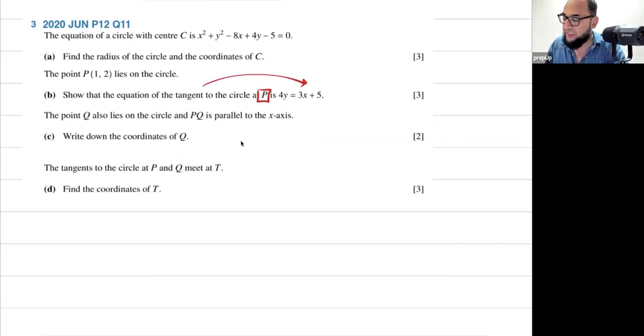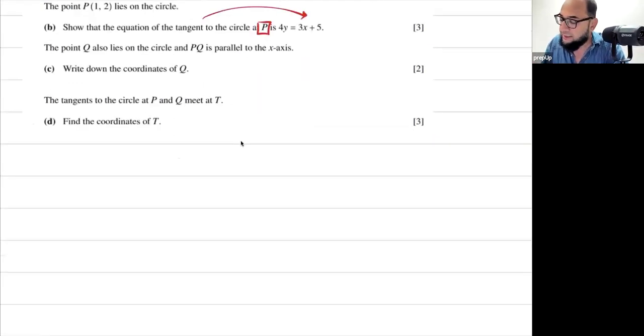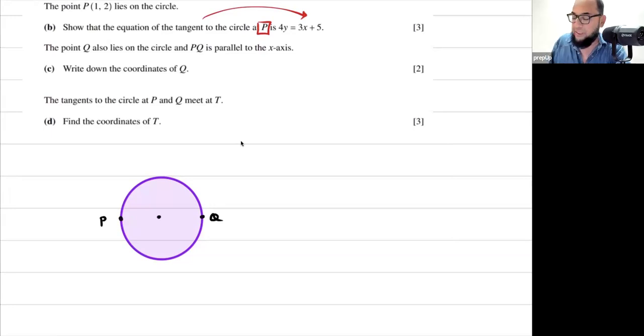Now here is one strange thing. If I choose a circle like this, and let's say there is P over here, there is Q over here, and the center of the circle over here, which is C, and the first tangent that I drew in orange goes like this.